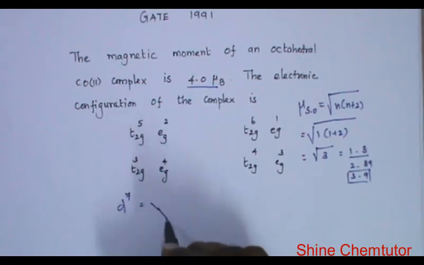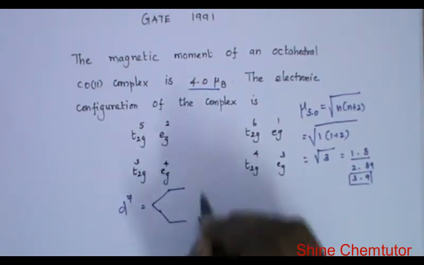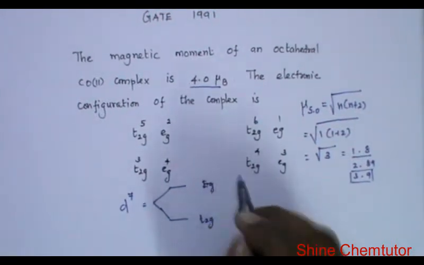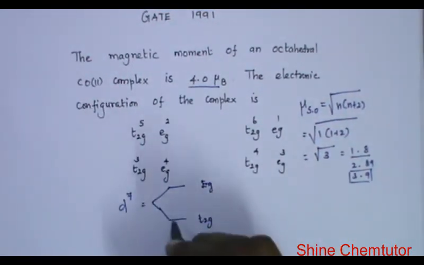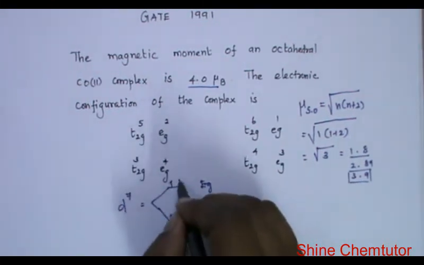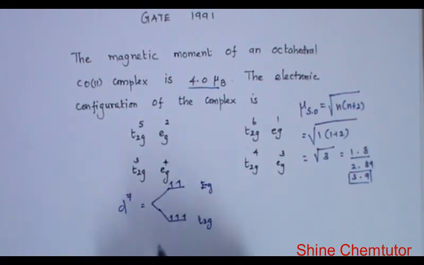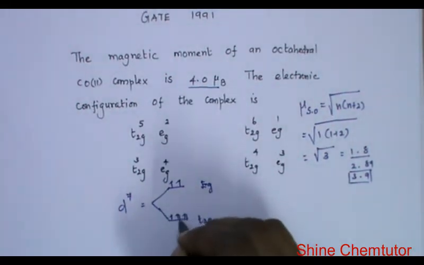This gets split into t2g and eg. I have to place the 7 electrons here. I go for high spin complex first. The field is weak, so 5 here, like this.